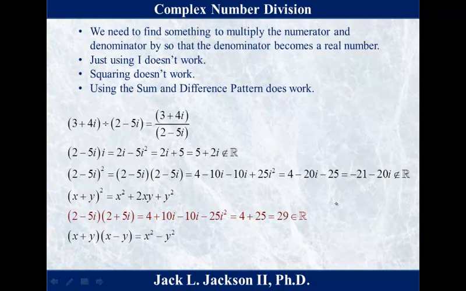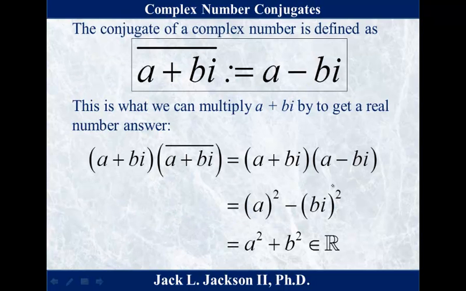So notice this number that we're going to multiply by, we have a name for it. It's called the complex conjugate, and we indicate that with a line over it. So the complex conjugate of a complex number a plus bi is the number a minus bi. Okay, and notice if you multiply by the conjugate, look what you end up getting. You take a plus bi times the conjugate of a plus bi, that's a plus bi times a minus bi.